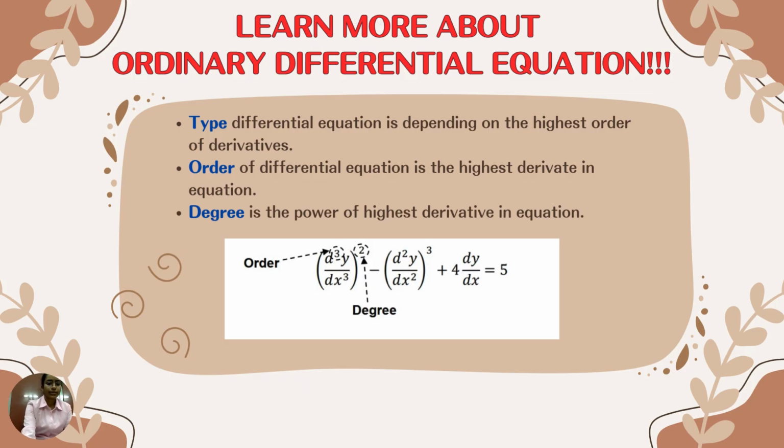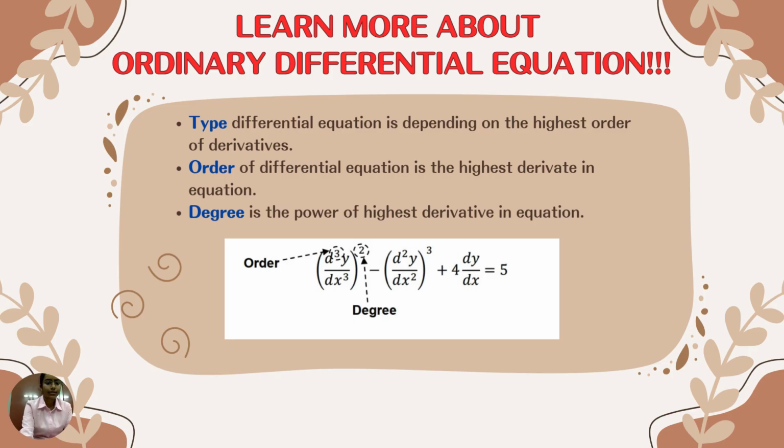To determine the type of this equation, first we have to find the highest order. In this equation, d3y over dx3, the 3 is the highest order compared to d2y over dx2.